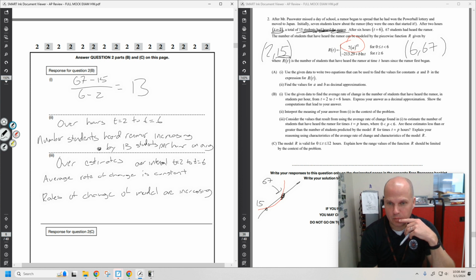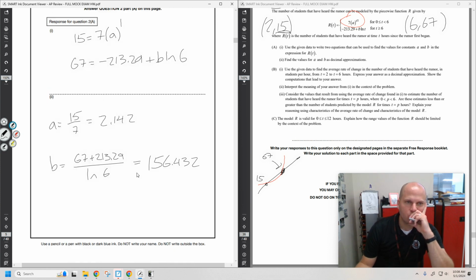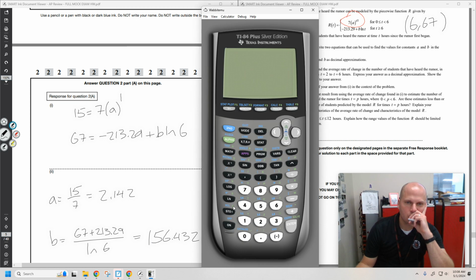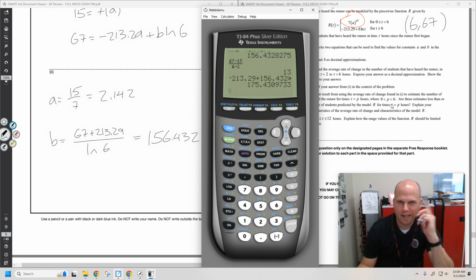Model C is valid from 0 to 12. Explain how the range values of the function R should be limited by the context of the problem. Well, let's see. If B is 156.432, if I go negative 213.29 plus 156.432 natural log of 12, I get 175.